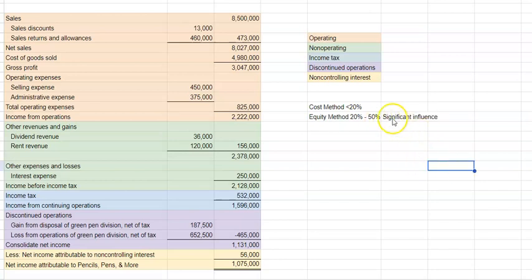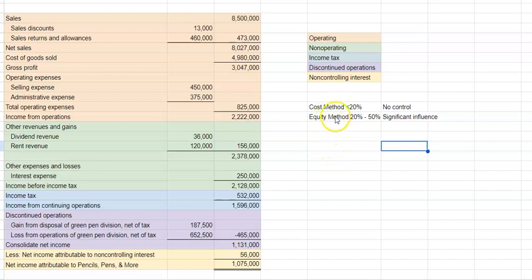And the big reason why we say significant influence is because if you own a percentage of the company, that basically says that you have a really good chance of getting a certain type of vote when you are voting as a shareholder. That is considered significant influence. You can really influence the company with your votes. Now, cost method, less than 20%, you don't really have control. So if you have no control, you use the cost method. If you have significant influence, you use the equity method.